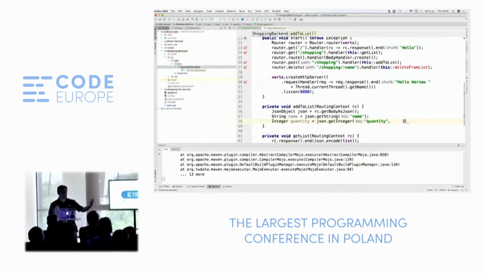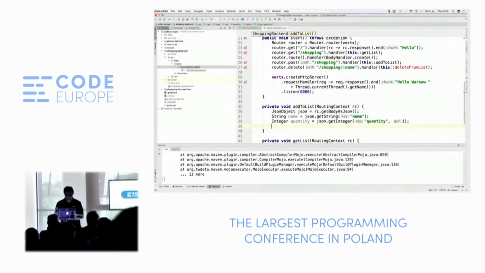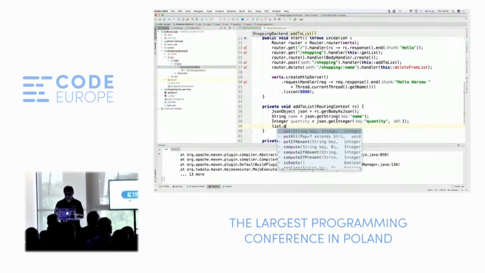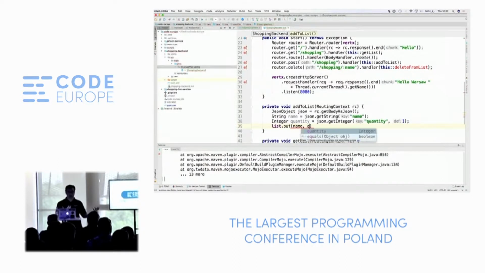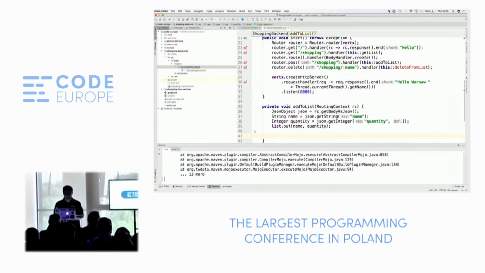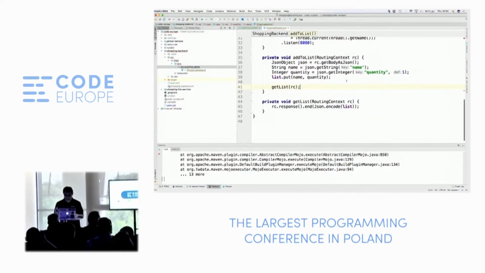Okay, by default it's 1. So once I have this, I just have to put it in my list. And now let's return the list. So to return the list, I'll just do get list. That's all. Because it will execute this one, that will just encode the new list and send it as JSON.